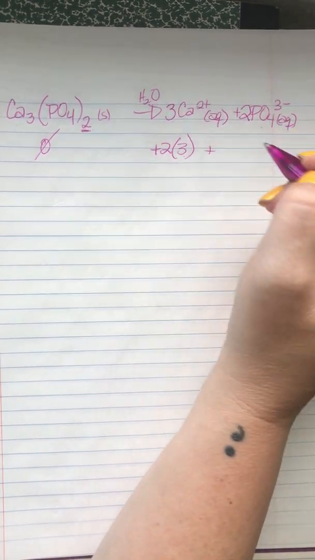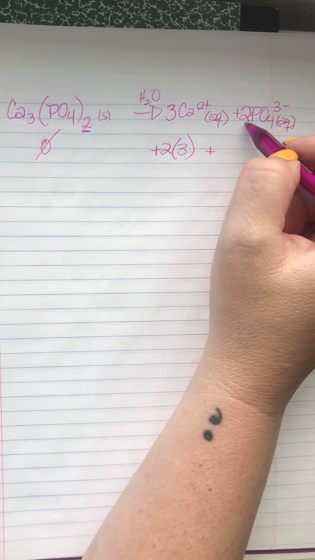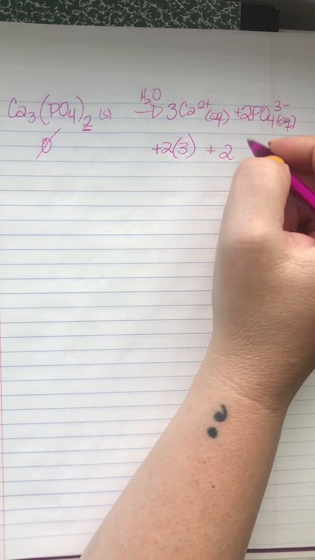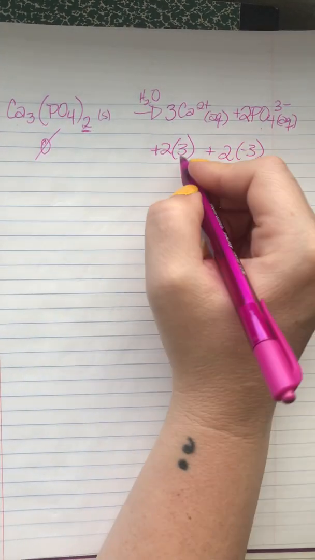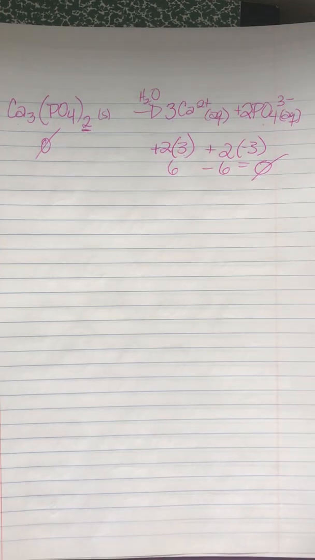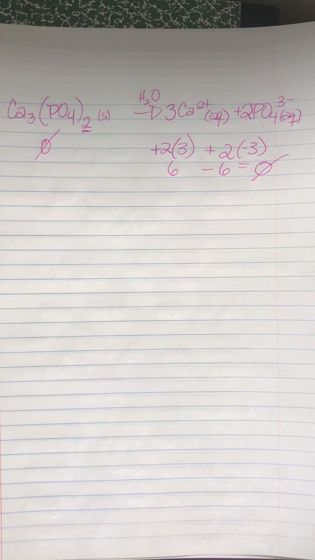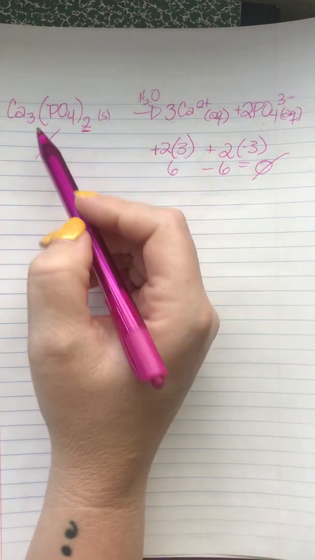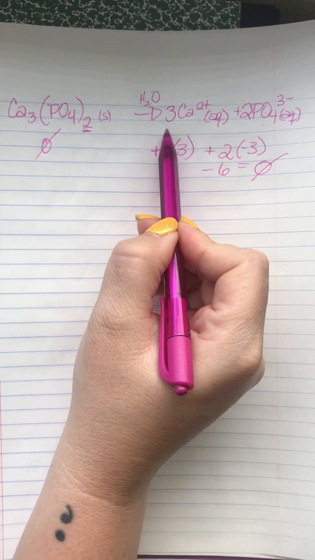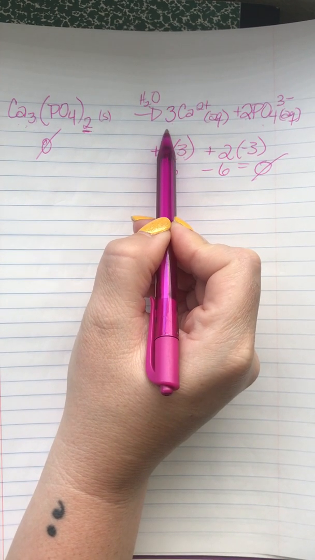And then over here, our phosphate, we have 2 of them, and each one has a negative 3 charge. So this gives us 6 minus 6, which is 0. So we're charge balanced, right? Everybody comfortable with these? Not too bad? I think the hardest thing with these is just remembering that this subscript is going to come out front when we break them up into ions, okay?